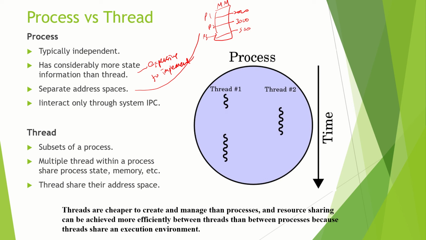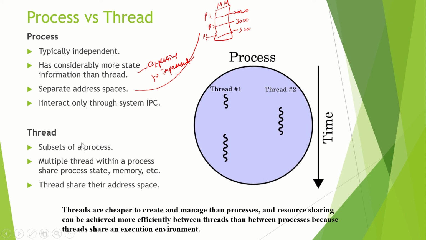These are separate address spaces. Processes interact only through system IPC, inter-process communication. If process 1 wants to communicate with process 2, it is only by IPC, inter-process communication.